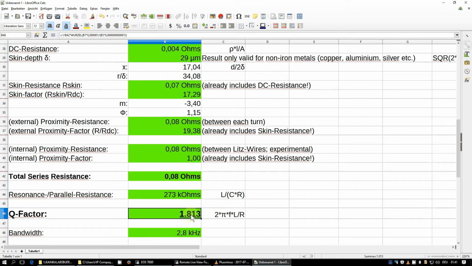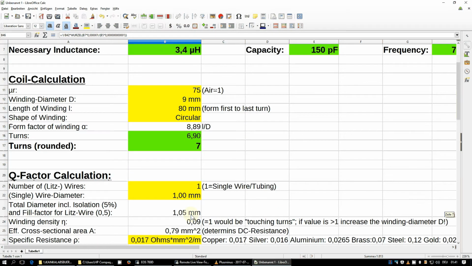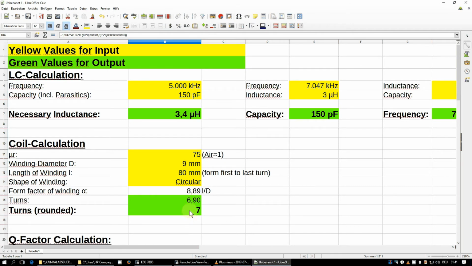So anyway, the result is it's better to make a test winding. If you know your necessary inductance for your application, then just make a test winding, measure the inductance with an LCR meter, or there are other devices where you can measure inductance, like the small transistor testers or semiconductor testers, which I also made a video about.